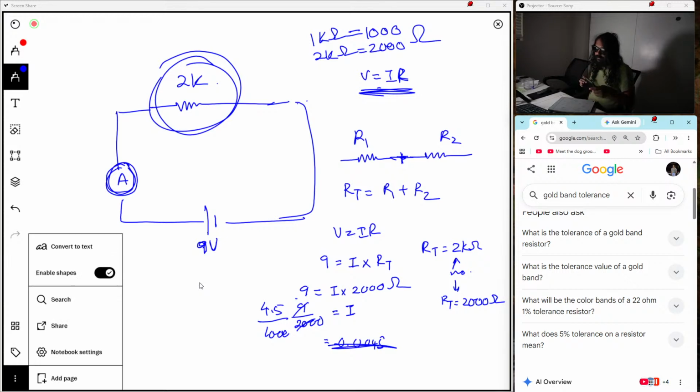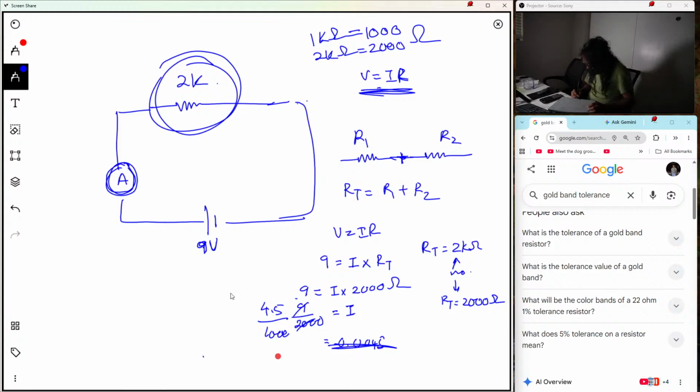So it will be 4.5 milliamperes, right? Just to make sure, 1000 and multiply 1000 of 4 point... 0.00450 amperes.